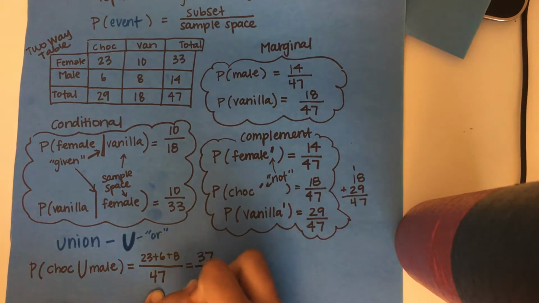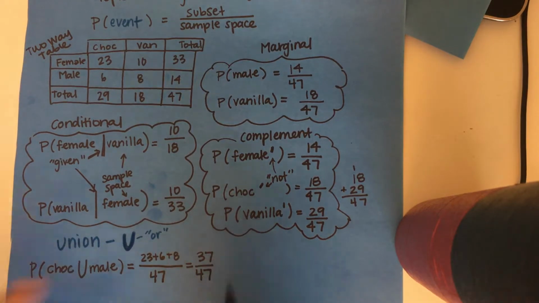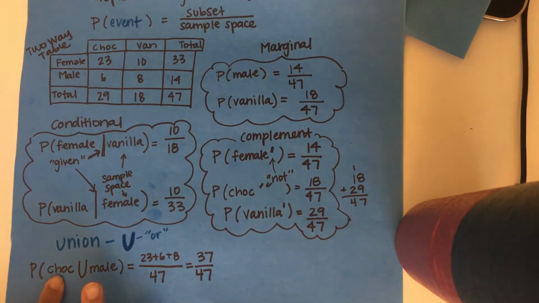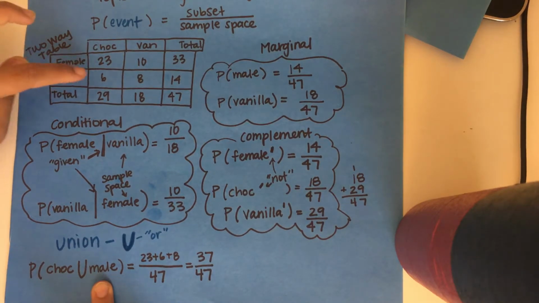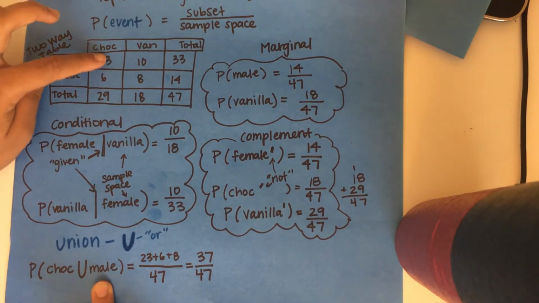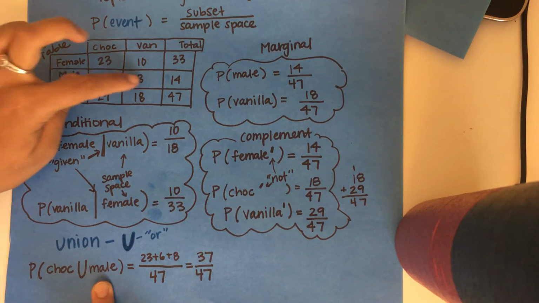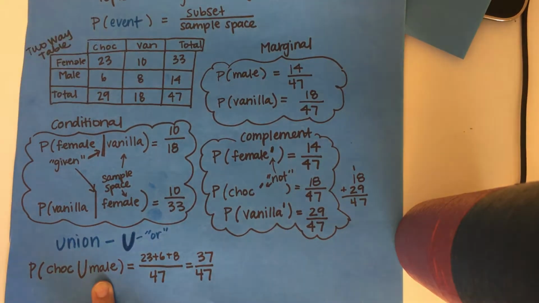So we know that 37 people either like chocolate or are male, because these people like chocolate and these people are male. So we just added up these 3 numbers that matched these 2 topics.